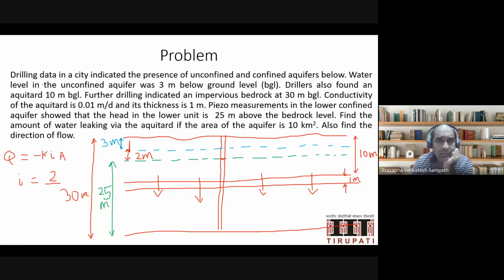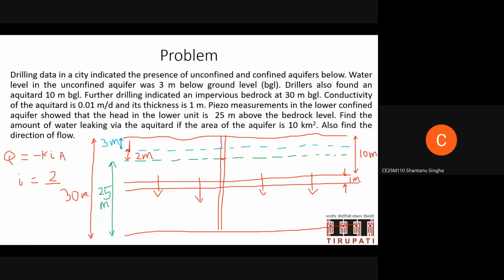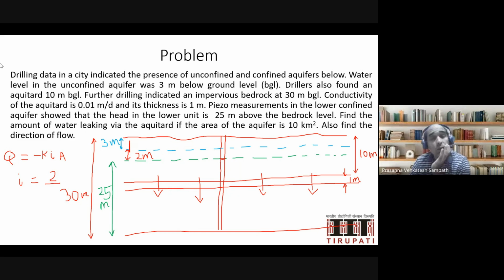Maybe 1 meter if it is not given, per unit length. Per unit what? But where is this head gradient acting? That is the question. I think the confusion is arising because people are not able to visualize over what distance this head difference is acting.